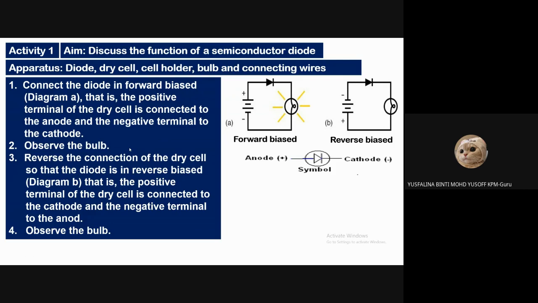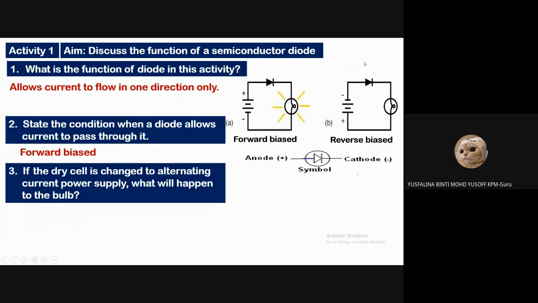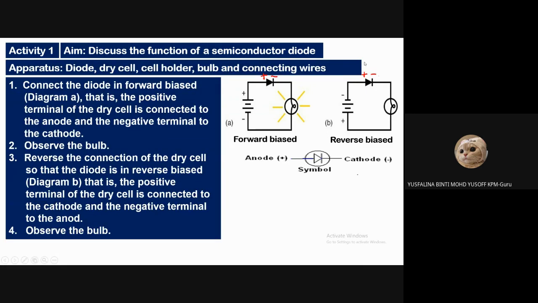So let's see this one. Remember, you have to put the charge for the diode. Please put the charge of the diode. Why? If you don't put it, then we don't know whether it will be forward bias or reverse bias. We already know that the current flows from the positive to the negative.